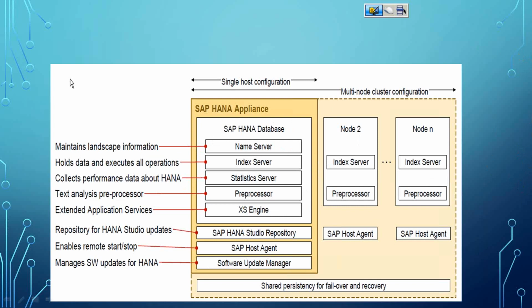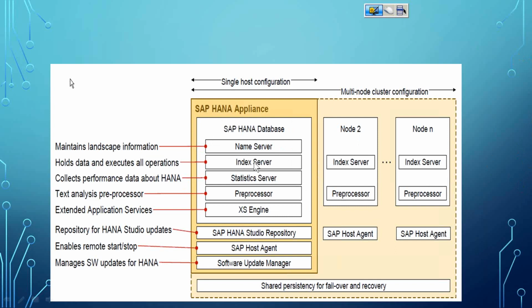So all the details about the topology of your system landscape will be stored within your name server. The second server which we have is the index server. This is a core server which will be used for storing the whole HANA database. Your row table as well as column table will be stored within your index server itself, right?